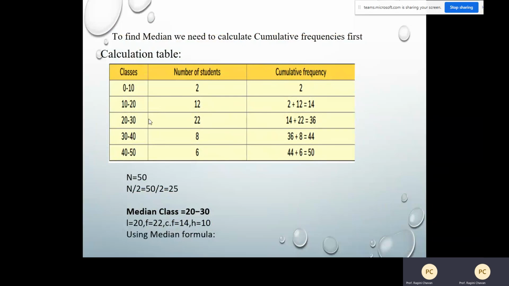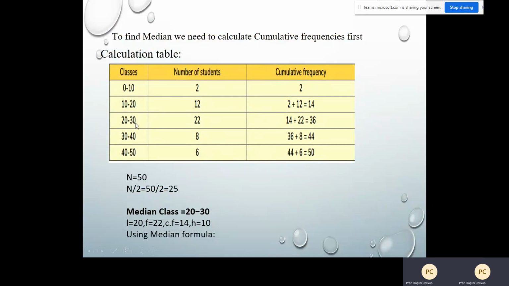We have to utilize this median class to find the median. So for this, L is 20, the lower limit of the median class. The frequency of the median class is 22. C is 14, that is the cumulative frequency of the previous class of the median class. It should be the previous class, not the median class. And then H is the class width.